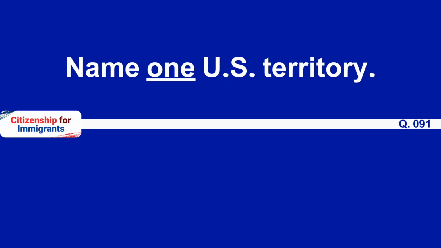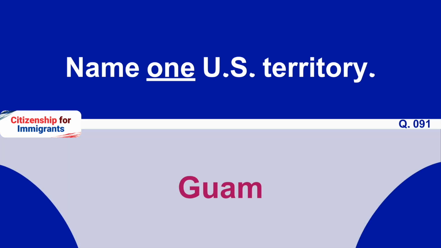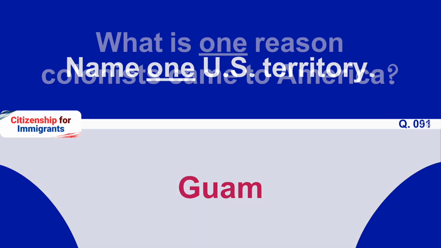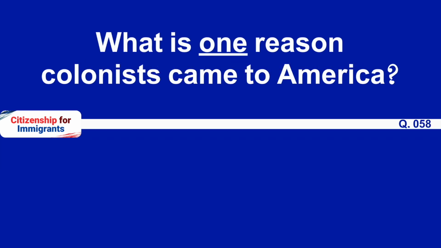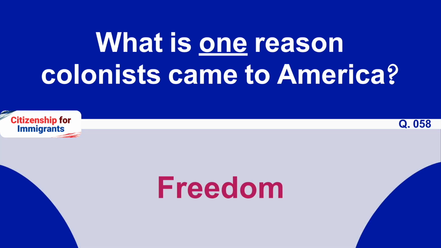Name one U.S. territory. Guam. What is one reason colonists came to America? Freedom.